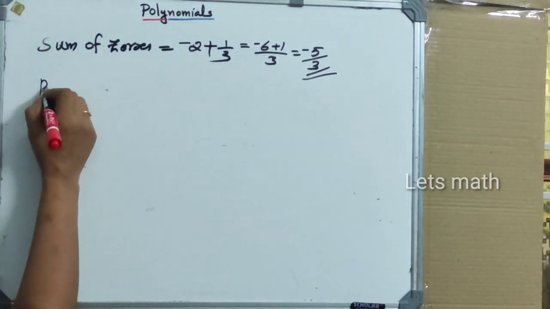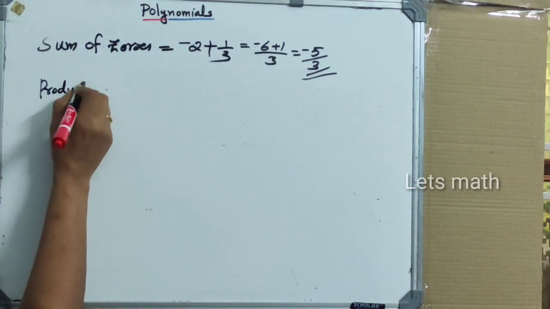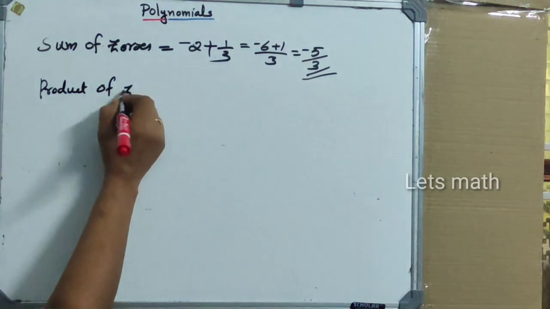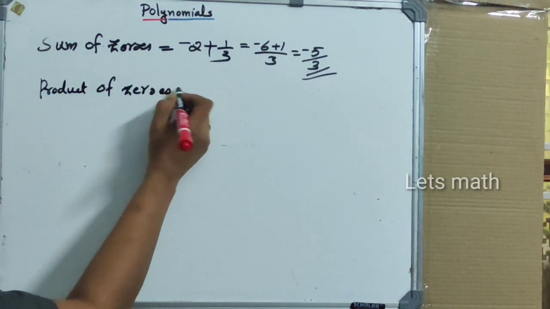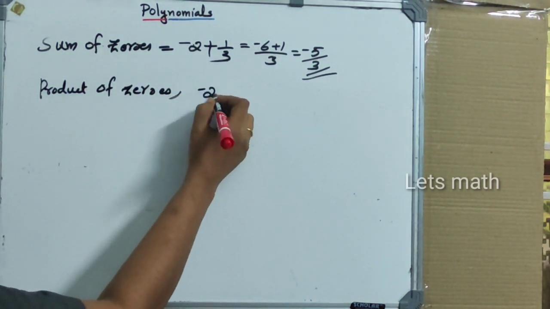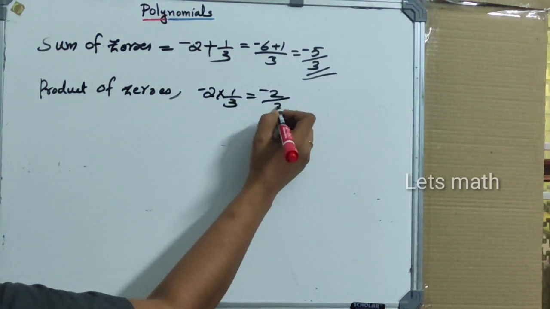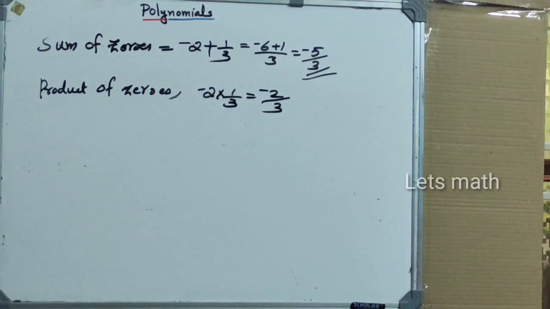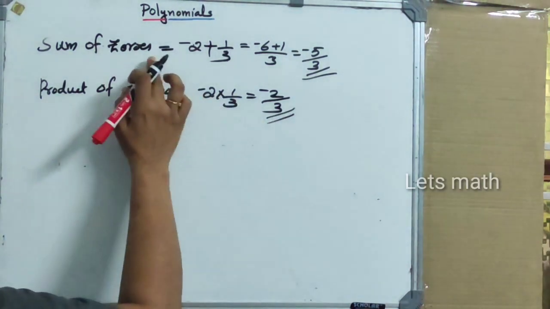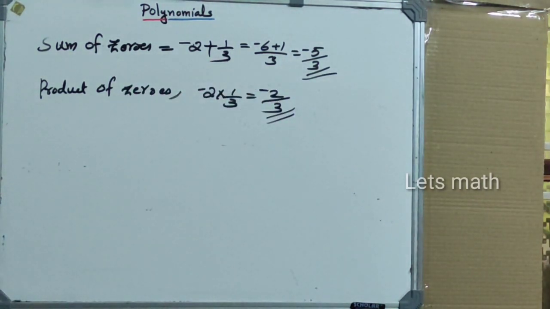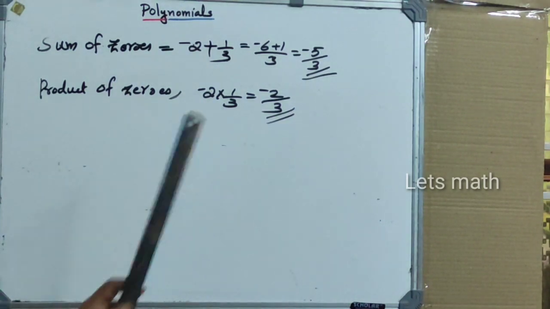Now the product of the zeros. Minus 2 into 1 by 3, that is equal to minus 2 by 3. Now this is the sum of the zeros and product of the zeros.